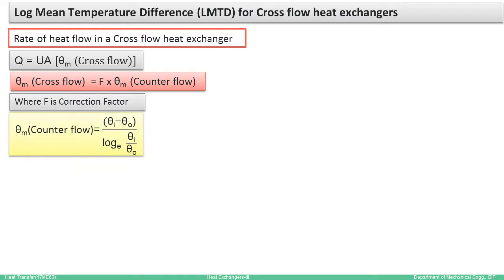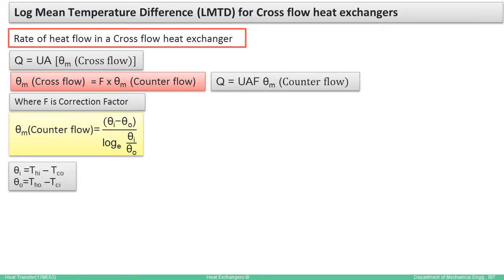And you know the theta M equation for counterflow; theta I and theta naught are also known to us for the counterflow, and from this we can write the equation for Q as UAF into theta M for counterflow.